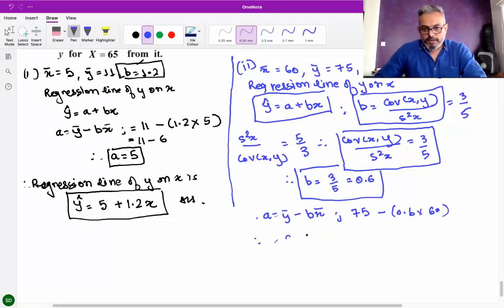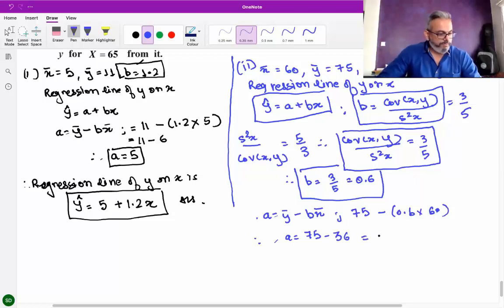So a is equal to 75 minus 36, which is equal to 39. Therefore, a is equal to 39.